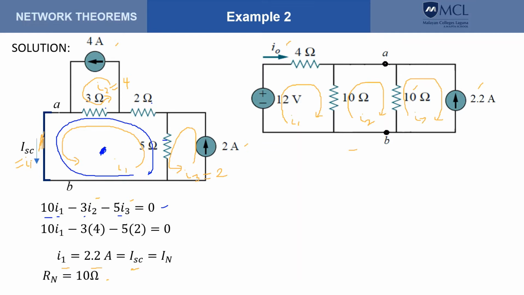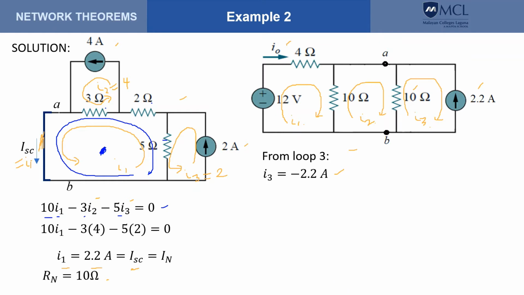Take note, I sub 1, I sub 2, and I sub 3 here are not the same as the ones we used in the previous circuit, because we're now dealing with a different circuit. We can immediately determine I sub 3, and that should be equal to the opposite of 2.2. So this is our I sub 3 from loop 3.